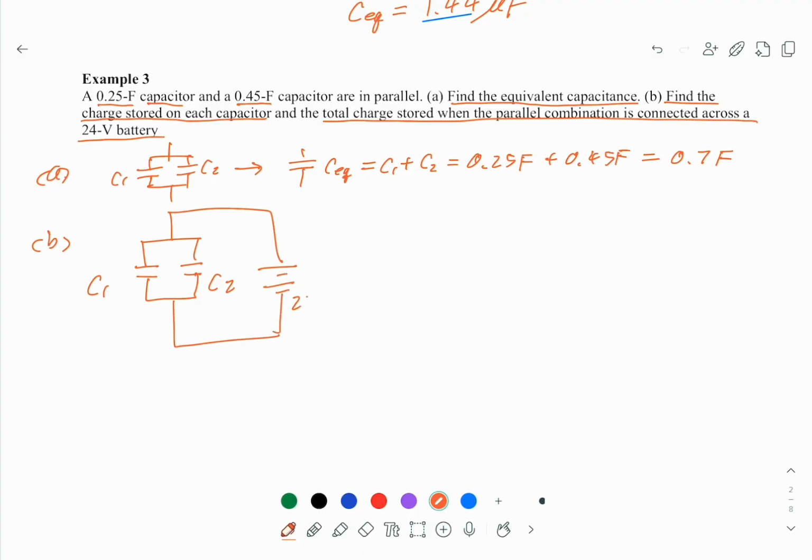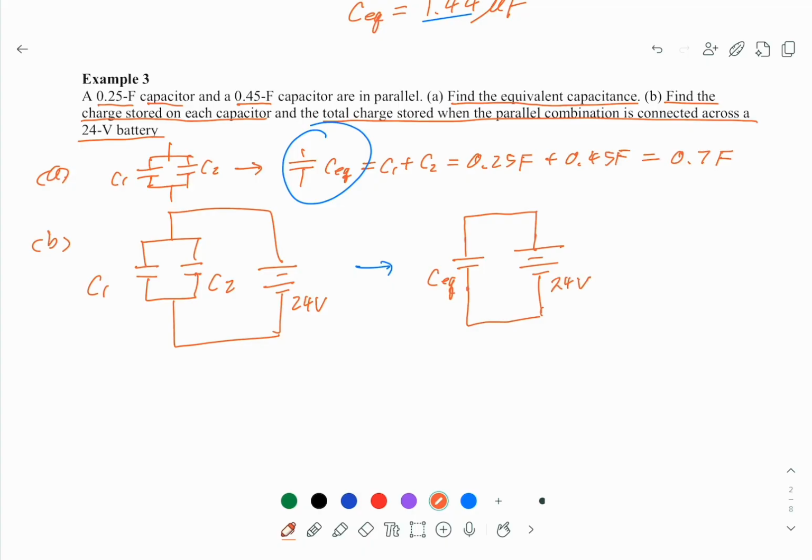This is 24 volts. So we use the equivalent capacitor here, C equivalent. Remember, you must redraw this diagram so it will be a lot clearer.